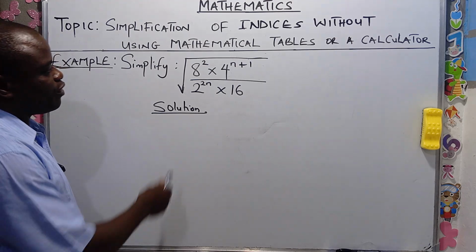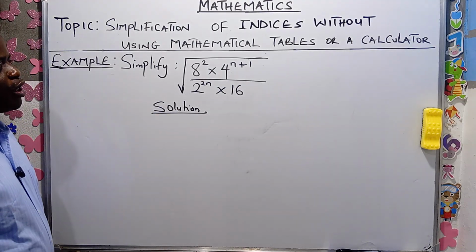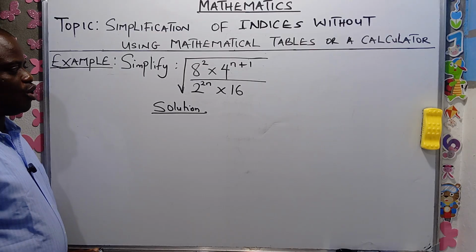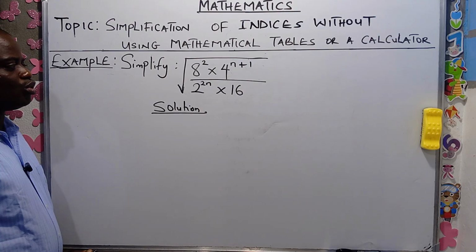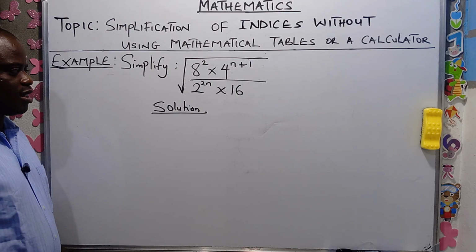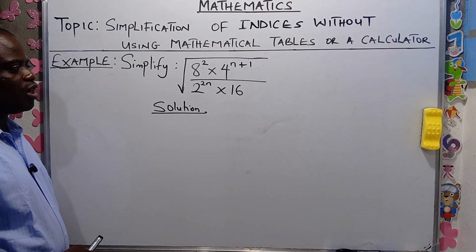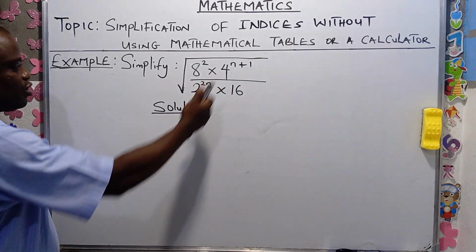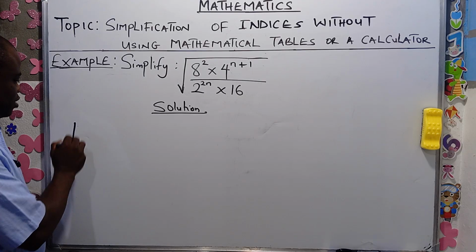You have to simplify the square root of 8 squared times 4 raised to power n plus 1, over 2 raised to power 2n times 16, with the square root covering the whole expression, the whole division. Let's start solving it.